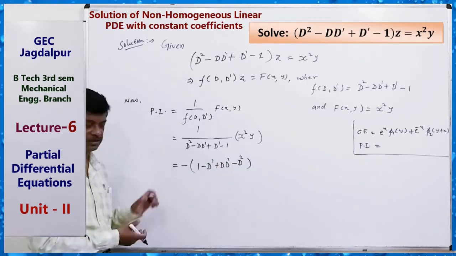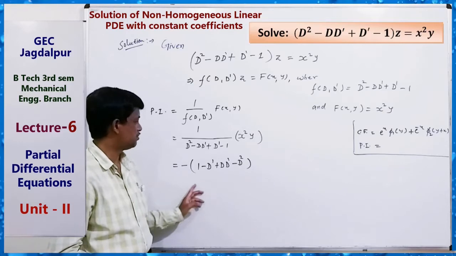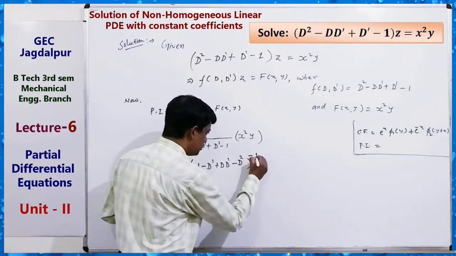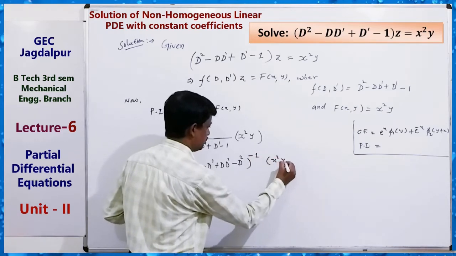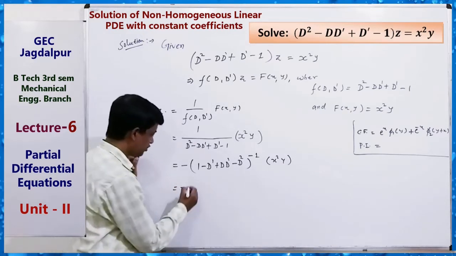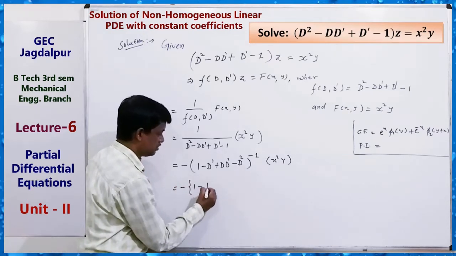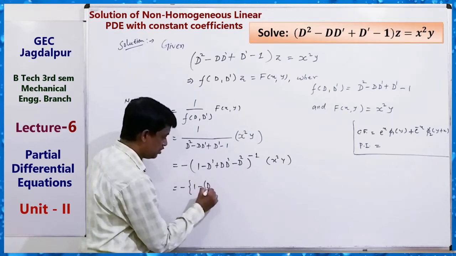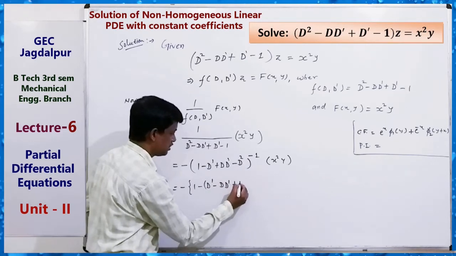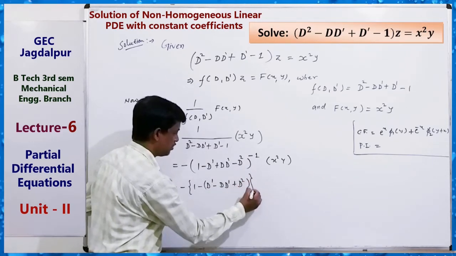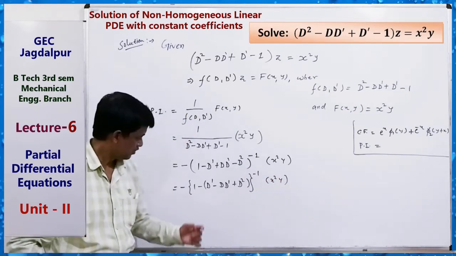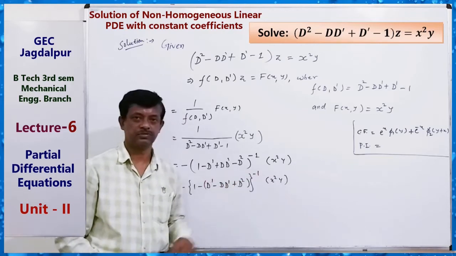In reverse order: minus 1 plus d dash minus dd dash minus d square, and power minus 1, acting on x square. Now taking minus common, we get minus of (1 minus (d dash minus dd dash plus d square)) to the power minus 1 of x square y. Clear? 1 minus x to the power minus 1.